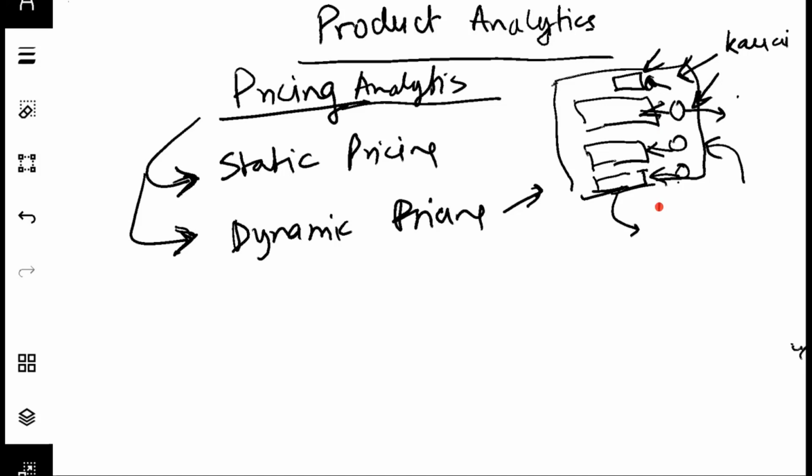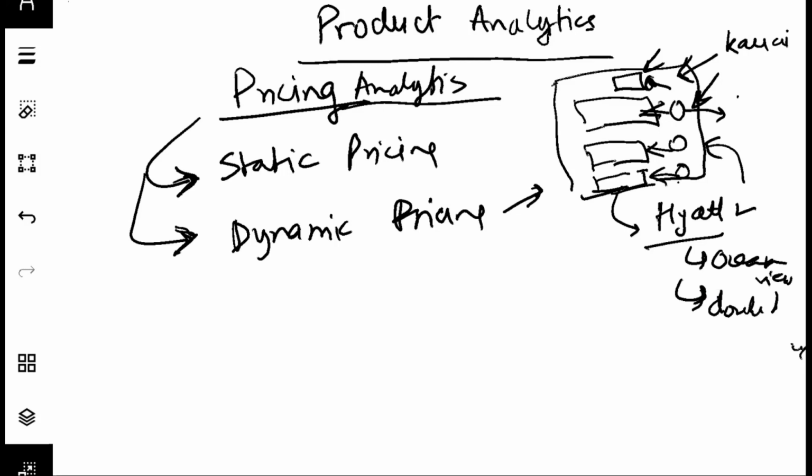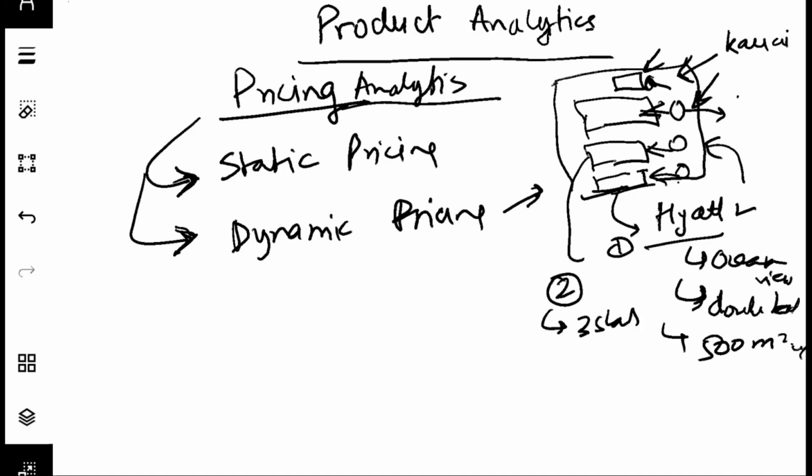I don't know all of the properties which exist, but let's say there's a Hyatt property and it has an ocean view, and it is a double bed, and it is 500 square meters, whatever. There's a whole list of things, so the first property is Hyatt. The other one is at some other 3-star hotel, and so on, right?